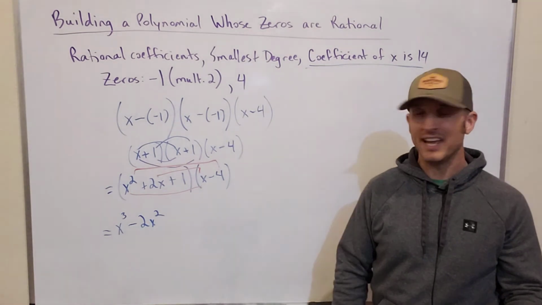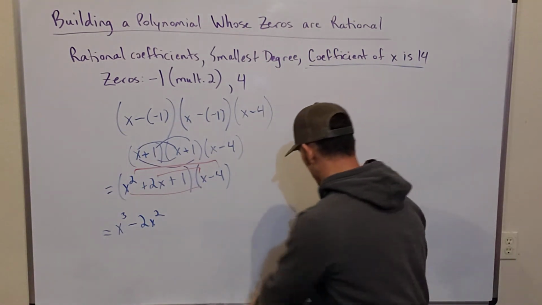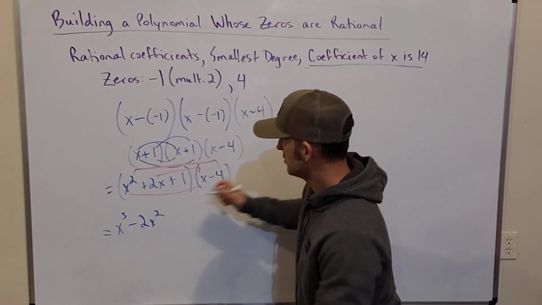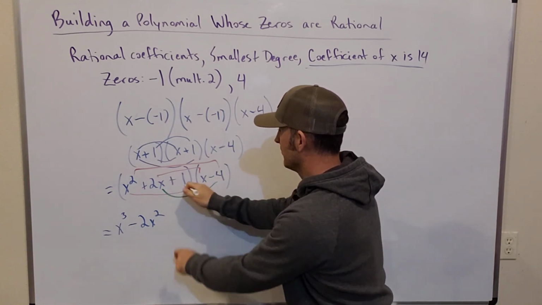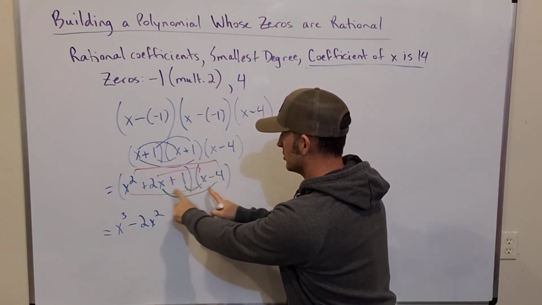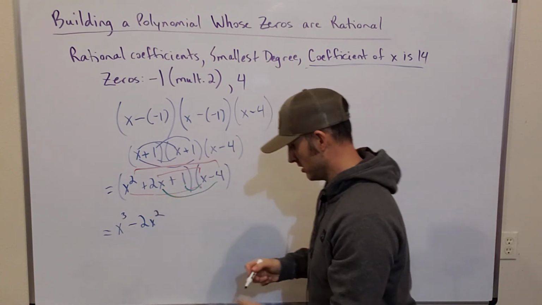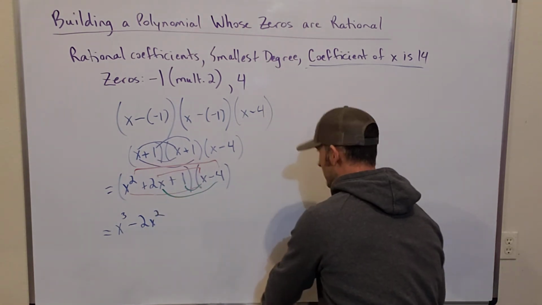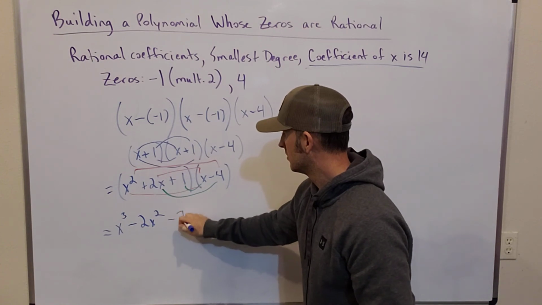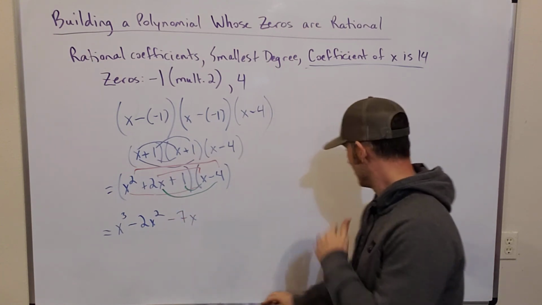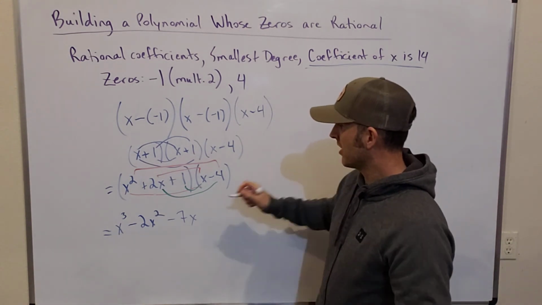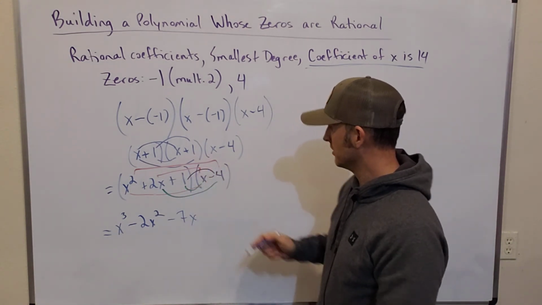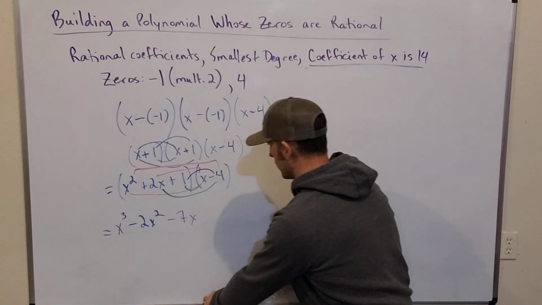Now I'm going to collect all my x terms. I could do that by taking 2x times -4, so that's -8x, plus 1x. So I've got -8x plus 1x, which is -7x. And last, I need to get all my constant terms together. The only way to get a constant term is to take 1 times -4, which is -4.